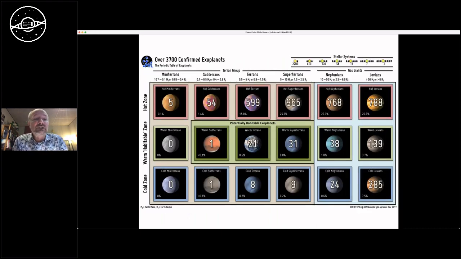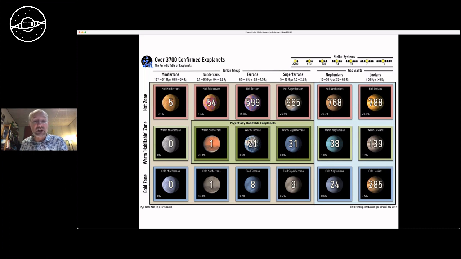So how many of these exoplanets then do we have? We have enough observations now that we can actually answer this. So this is an overview of known exoplanets. Actually, it's a few years old, but the statistics haven't changed so much. So this is going from small planets on the left, all the way up to very large planets on the right, and also warm planets at the top to cold planets at the bottom.